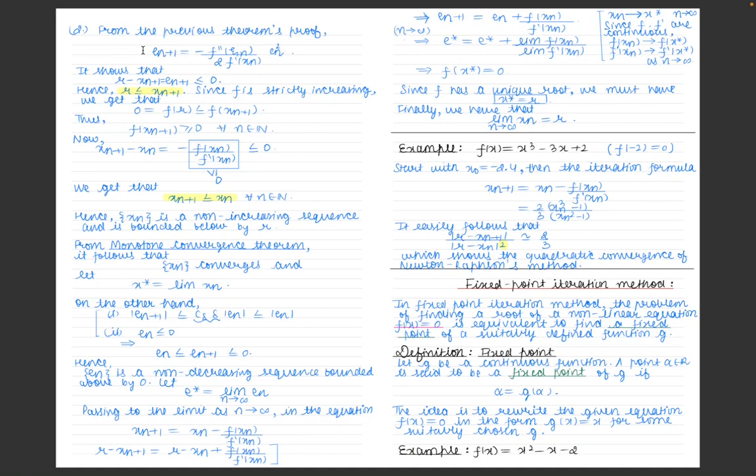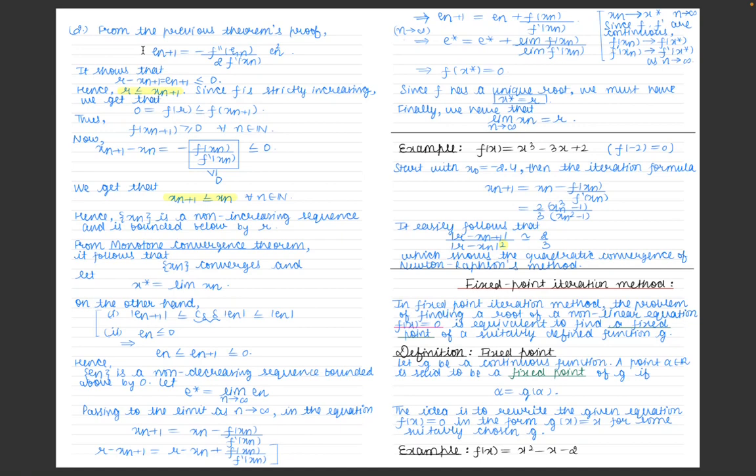So hence, this sequence x n is a non-increasing sequence and is bounded below by r, right? This is the bounded part and this is the non-increasing part.